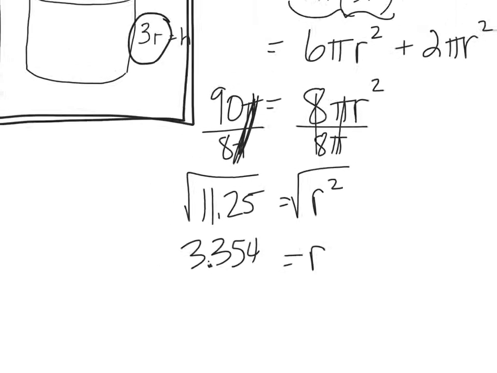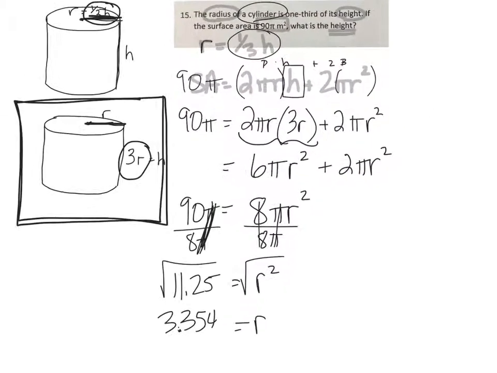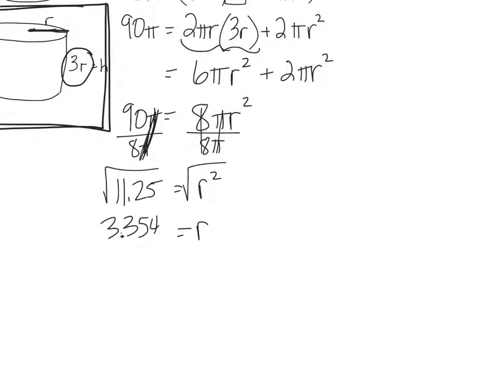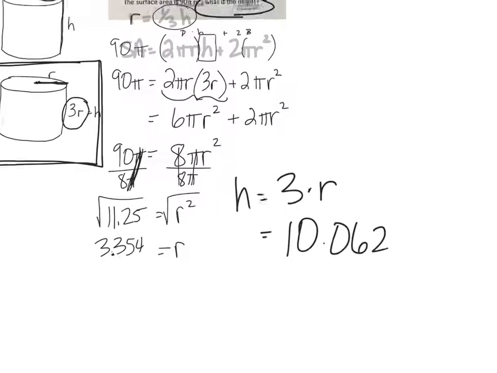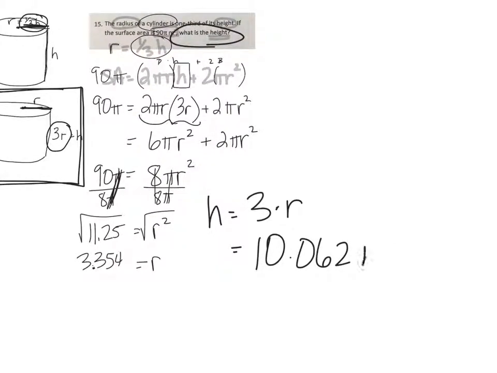Now I believe the question said, what is the height of this cylinder? Since the height is 3 times the radius, if I multiply 3.354 times 3, I get a height of 10.062 meters.